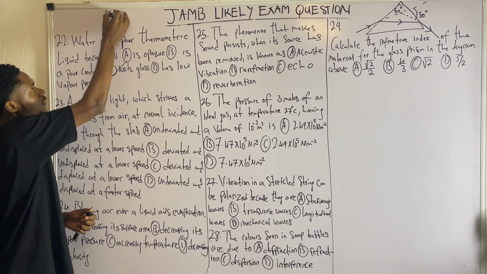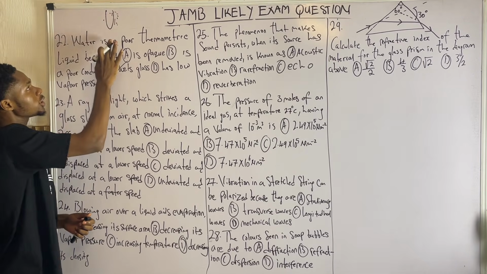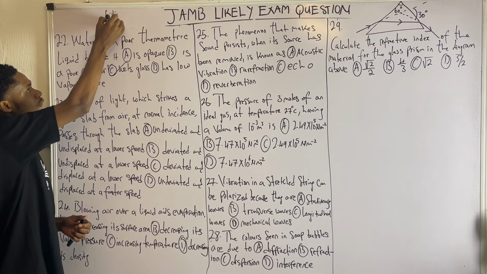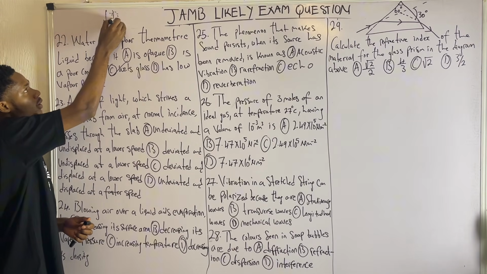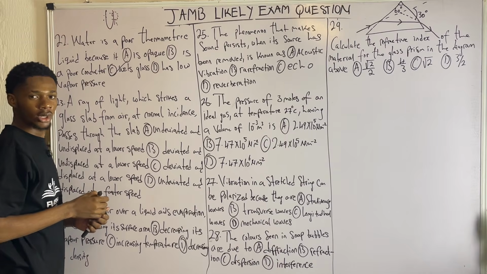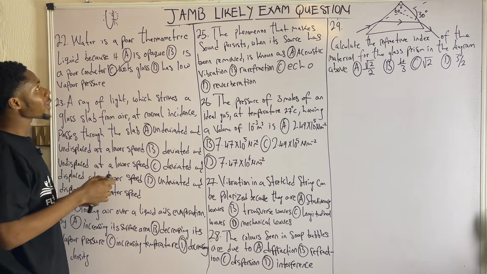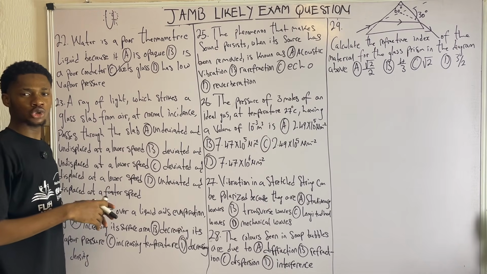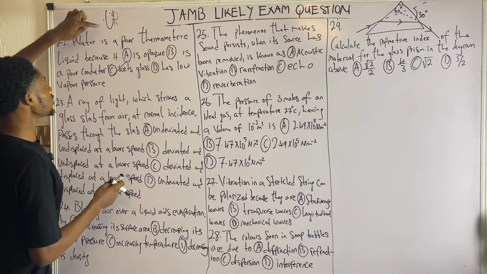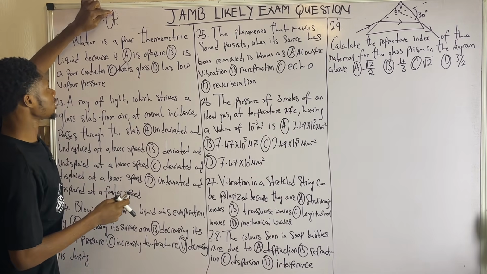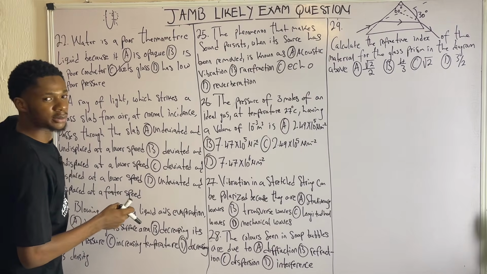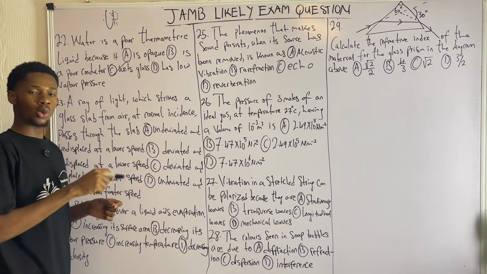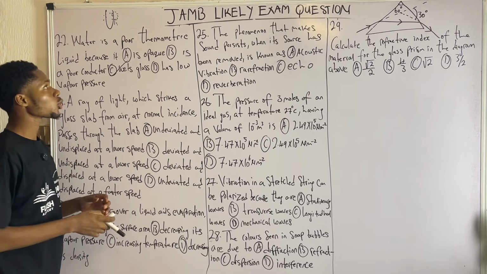The tubes will have various readings. That is why we don't use water. Mercury, if it falls below its initial level, leaves nothing on the body of the tube because it does not wet glass. So you understand why water is not used.